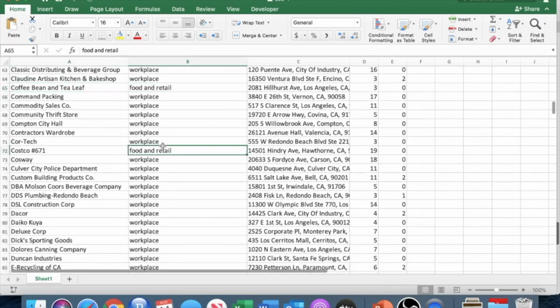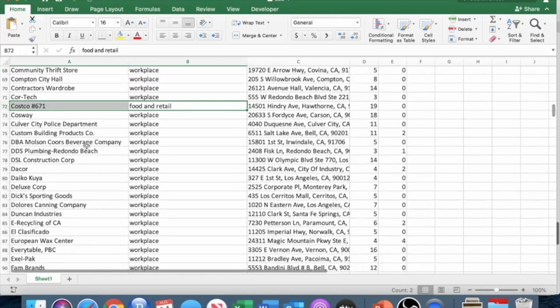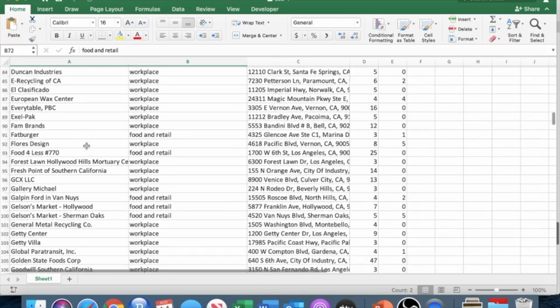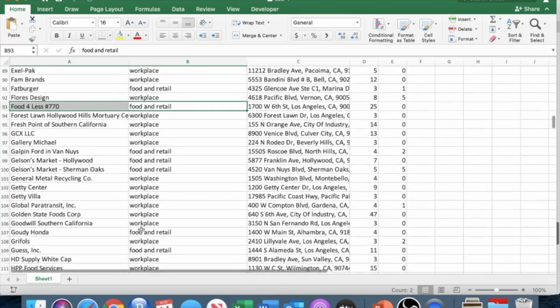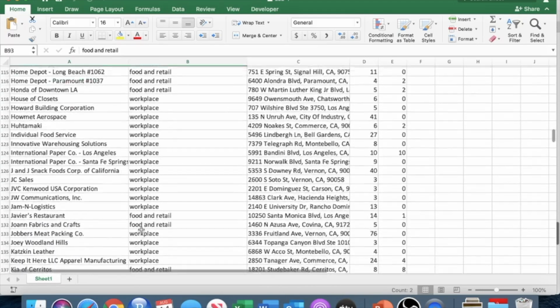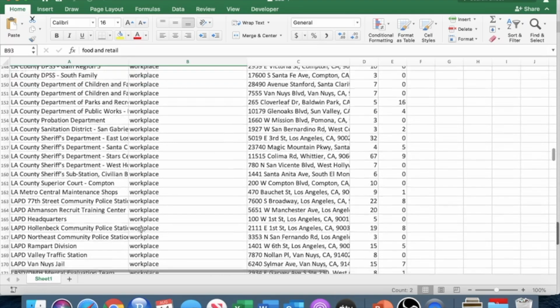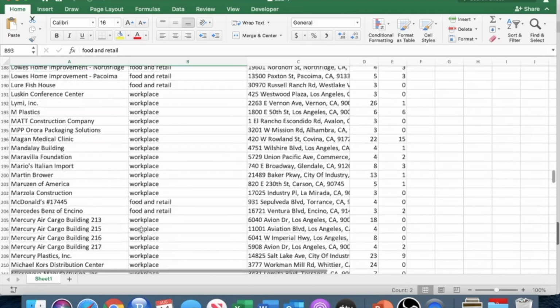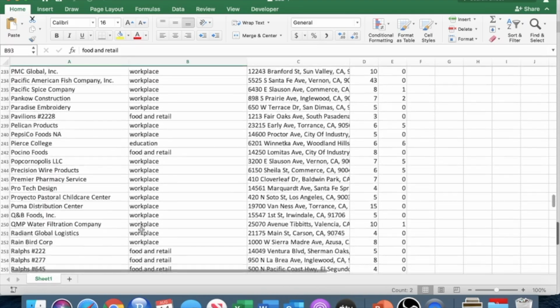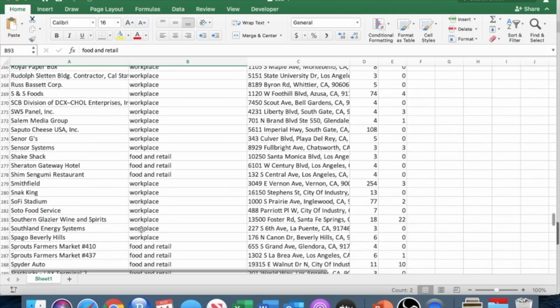I put Costco as food and retail. Any store like that we would be able to walk in and shop in, I put as food and retail. So, food for less. And then there were a couple of education. I think we all know that USC has an outbreak. Let's see if it's on here.